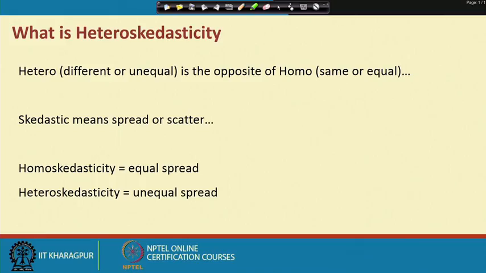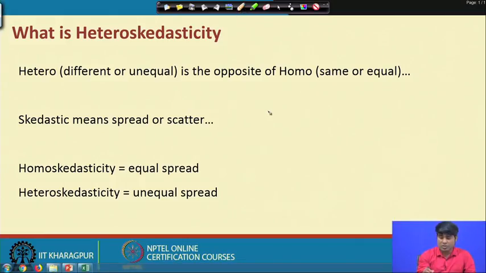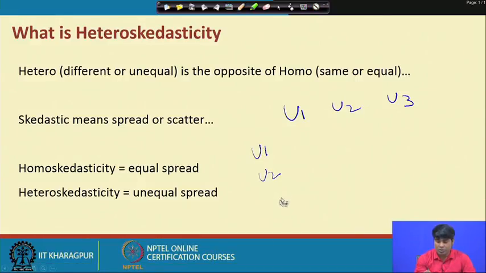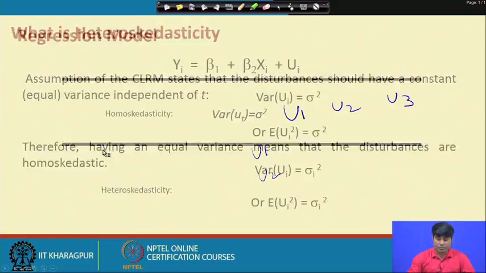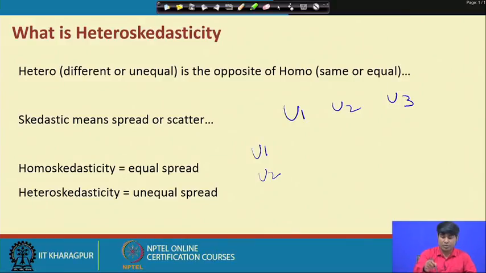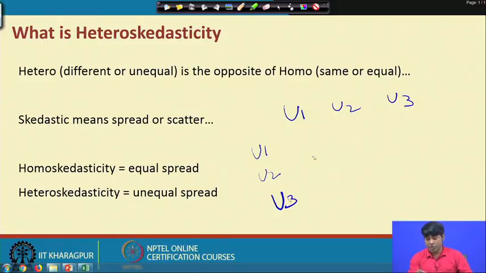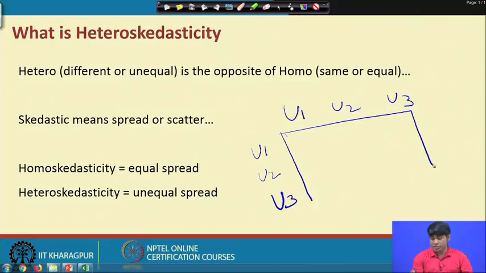For instance, let us start with the understanding like this. Let us say we have 3 error terms u1, u2 and u3, and then we can create a covariance matrix with these 3 error terms. Obviously, we can have a 3 into 3 matrix. We just represent the error terms u1, u2, u3 column wise and row wise, then we will have a matrix like this.